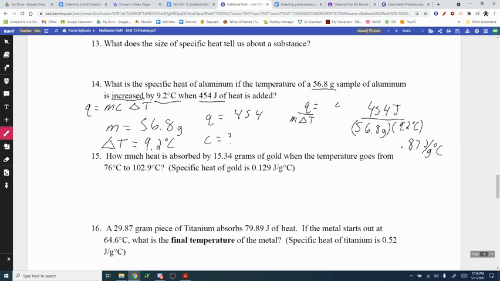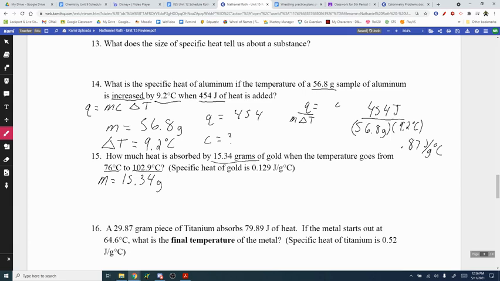All right, next one, same situation. We have to identify all our givens and then plug them into our equation. So we have 15.34 grams. That's mass. Next, we have two different temperatures. When the temperature goes from 76 to 102.9, that is our initial and final temperature.